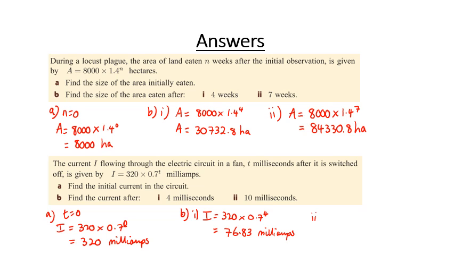And we can now do our 10 milliseconds, which is I equals 320 times 0.7 to the power of 10. And we can put that into our calculator as well. And we'll end up with basically 9.04 milliamps.